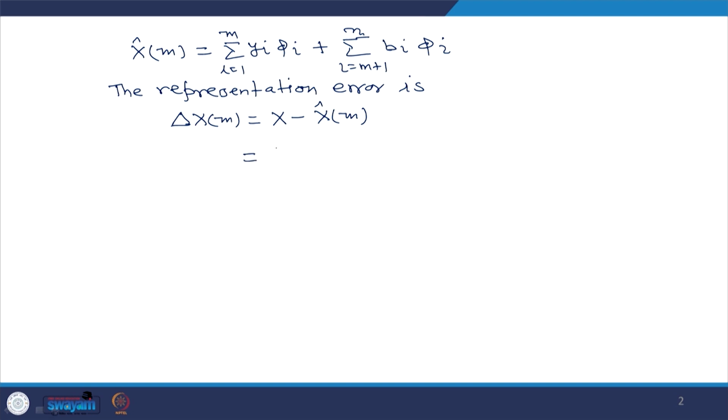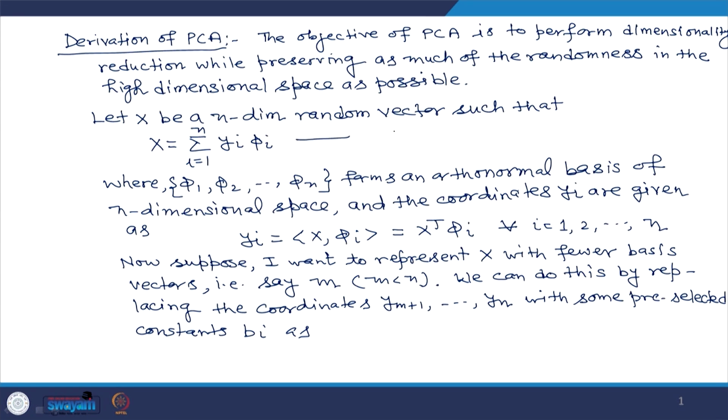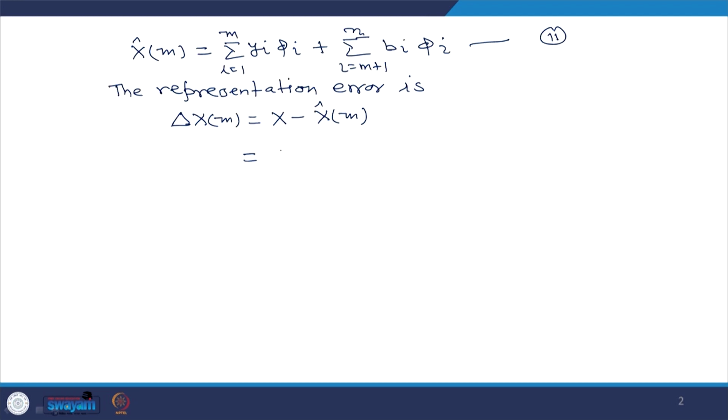If you use this equation, let us say equation 2, and this is my equation 1, then by 1 and 2 this will become summation i equals m+1 to n (y_i minus b_i) phi_i, because the first term will be cancelled with the first m basis elements.